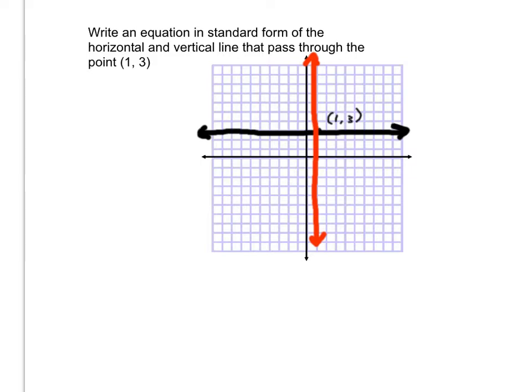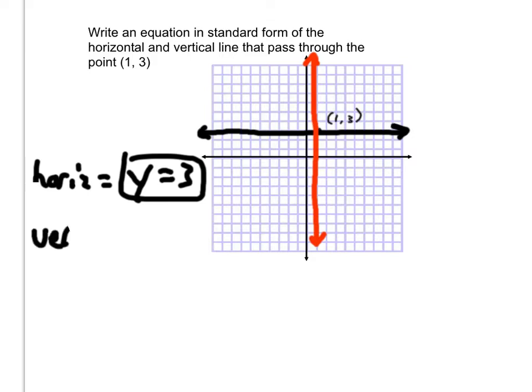Well, the easiest way to do this is the horizontal line. We know that horizontal lines always have a y equals equation, so we just need to put y equals whatever the y is. So the horizontal line is y equals 3.